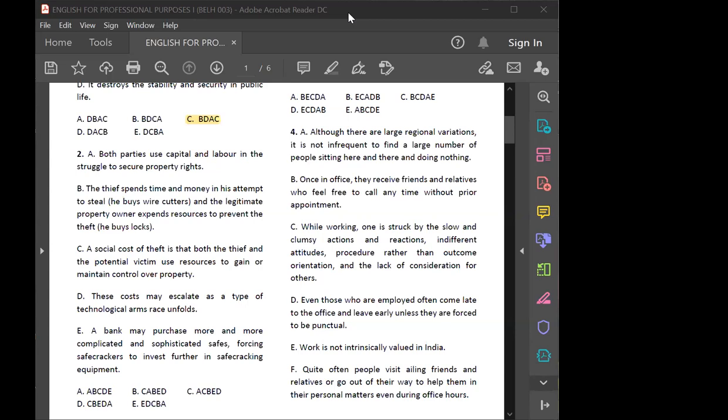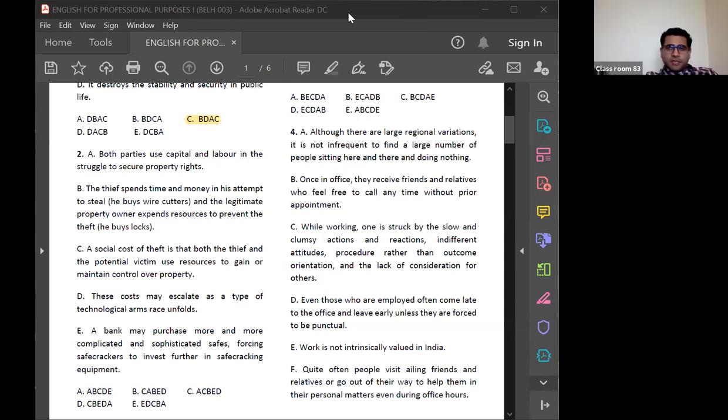E describes the banks, and D further describes the bank: as technologies are advancing, both the banks and the thieves should advance their technological skills for theft.